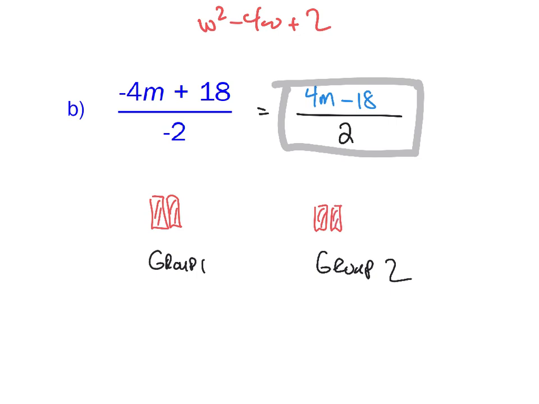And for minus 18, that's going to be 1, 2, 3, 4, 5, 6, 7, 8, 9, 10, 11, 12, 13, 14, 15, 16, 17, and 18. And what we see in both groups is 2m minus 9. And that is your answer.